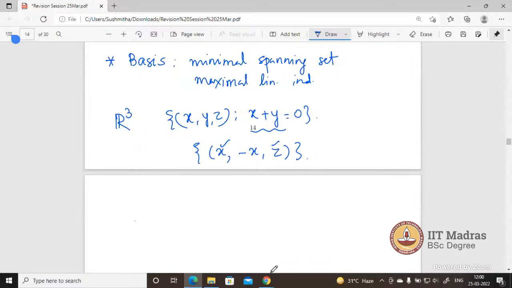Give me a spanning set for this, not a basis. I'm just asking for a spanning set. (1, -1, 1) and (1, -1, 0). Okay, let me call this W. This spans W, right?